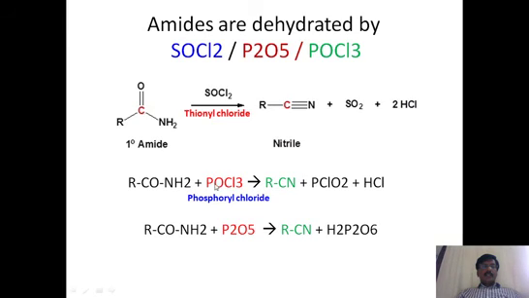In the other case, the amide on reaction with phosphoryl chloride POCl3 gives alkyl cyanide, POCl and HCl. Similarly, if you use phosphorus pentoxide, we get alkyl cyanide and H2O with P2O5, that is nothing but H2P2O6, a different temporary structure of a phosphorus hydroxy group.